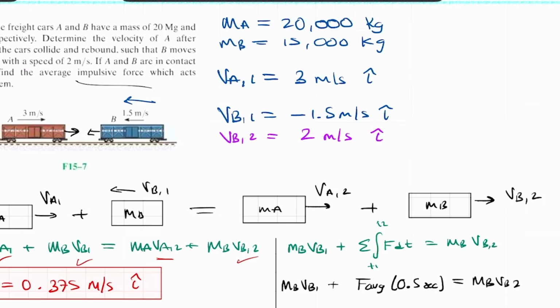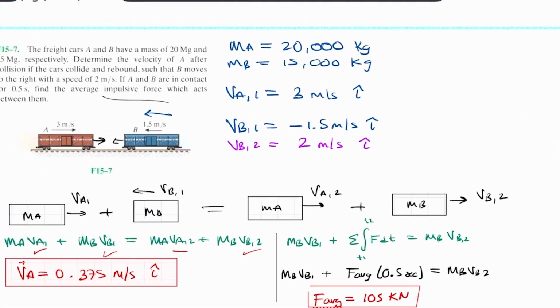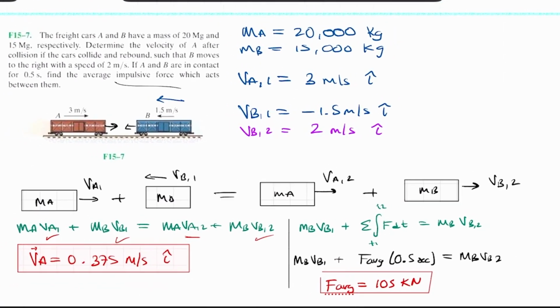If you rearrange to solve for the average force, you'll get that this is approximately 105 kilonewtons. Notice that is a lot of force. I put kilonewtons, so that's 105,000 newtons. So again, that's from rearranging the equation right here.